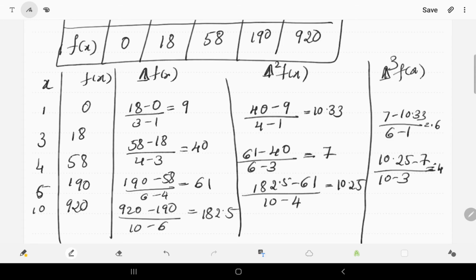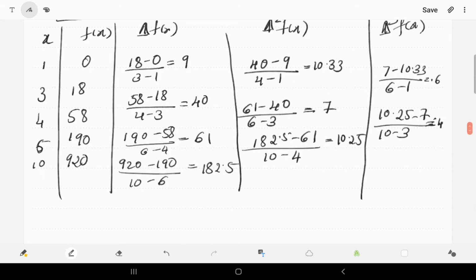So this is the third divided difference. Similarly, we can find the fourth divided difference also.